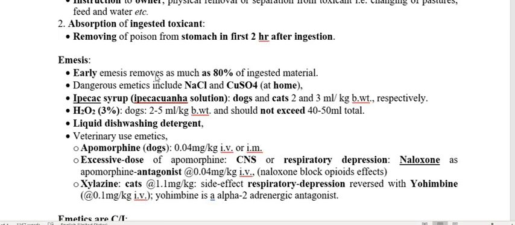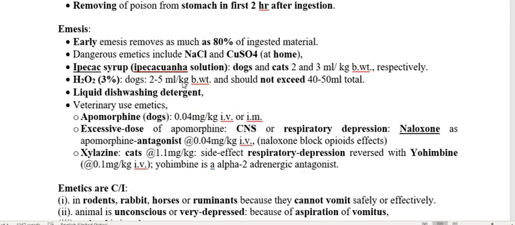Under this, the most important emetics that we are using are ipecac syrup, or ipecacuanha solution, as it is also called. For dog and cat, the ipecac syrup is given at the dose rate of 2 and 3 ml per kg body weight respectively.